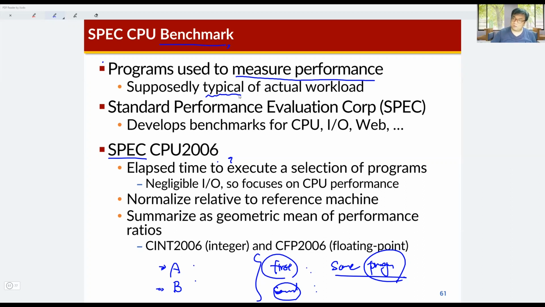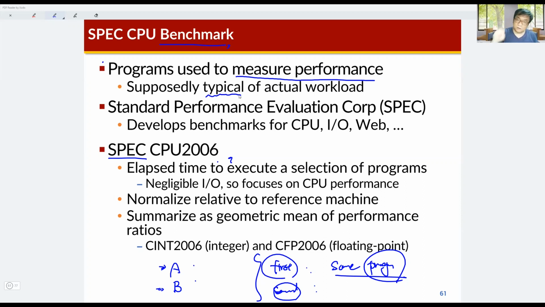But how can we measure the performance of different CPUs like Intel i5 or AMD Ryzen 5? How can we compare the performance? We need some representative applications that can measure the performance.